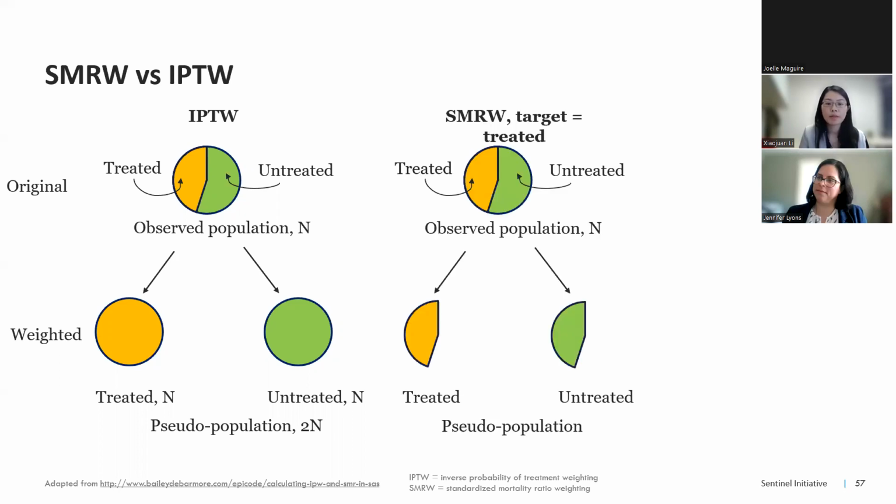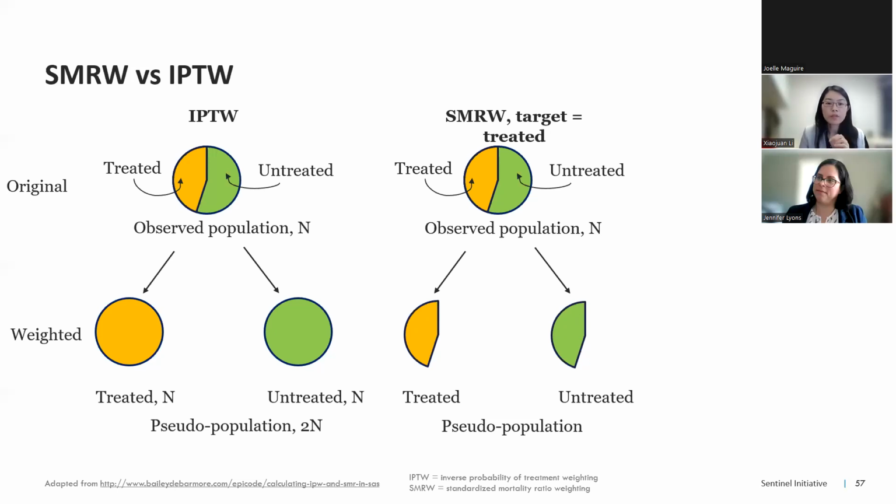And now with SMR weighting, if we use the treated individuals as a target, then after weighting, each of the treated individuals in the study will receive a weight of 1. So the sample size will stay the same. As you can see, the size of the orange part stays the same.